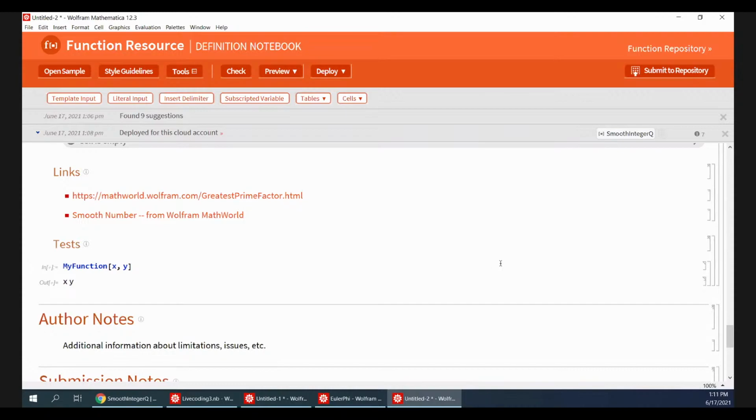Put your best foot forward, make sure that you've used the function before, that it works well, make sure you know what it does. That's kind of Stephen's 0th rule for writing, is make sure you know what you're writing about. So do that, write about it well, explain it well, follow all these guidelines, and just about anyone could expand the Wolfram resource system.